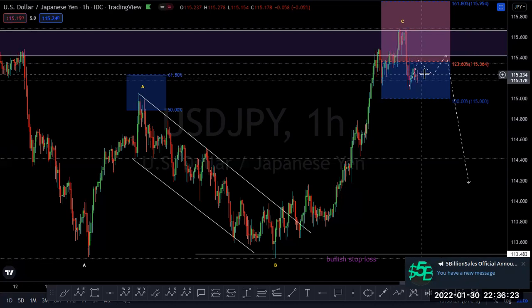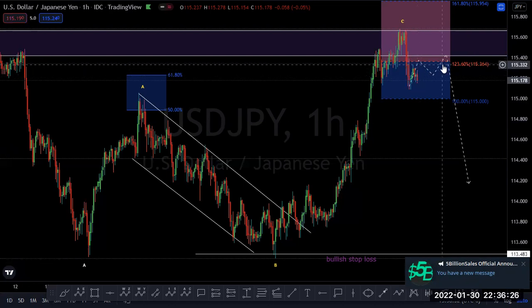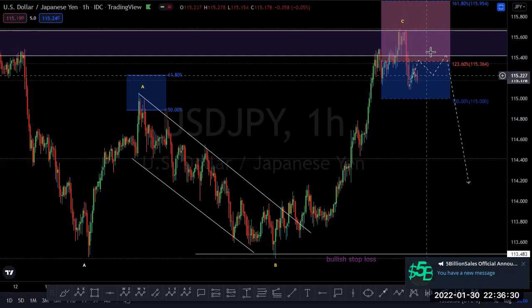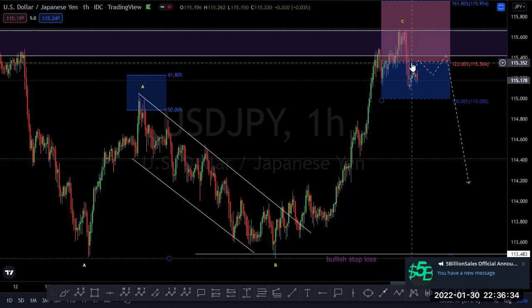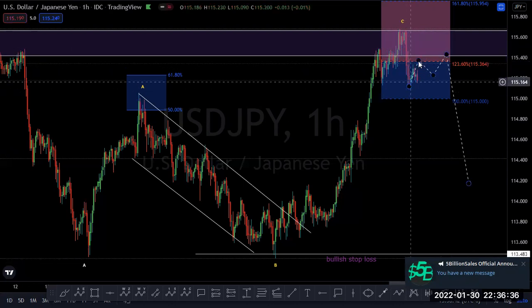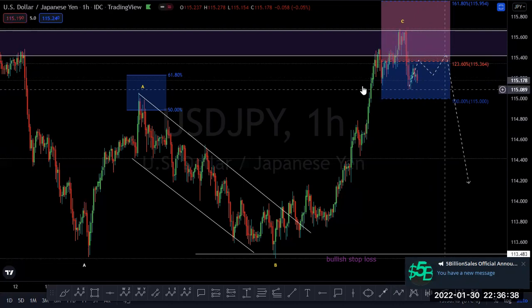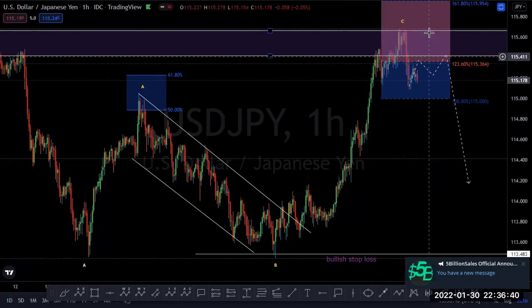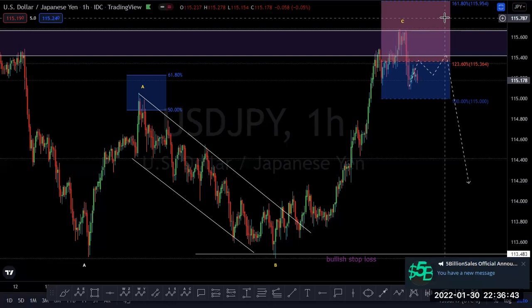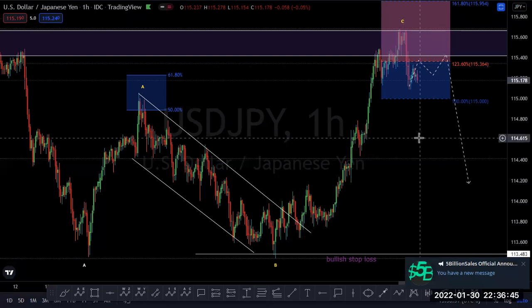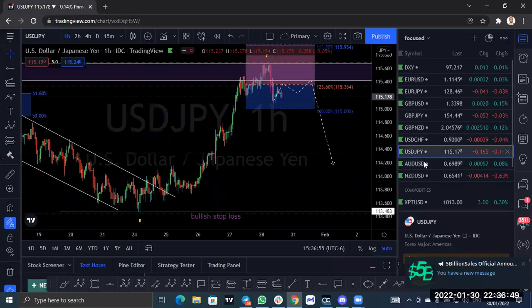This will be making a correction because both moves are in the same direction, but this one seems to have reversed. So if it has reversed, it will make a correction. The USD CHF will complete its move. Then both begin to sell. Okay, so that's what I have to tell you about both of them.